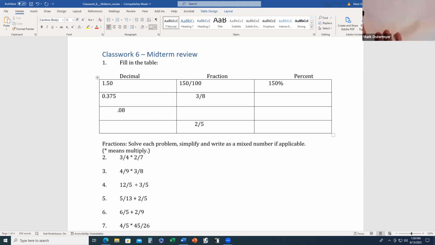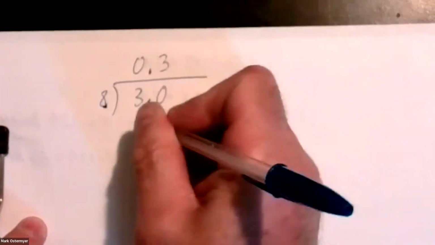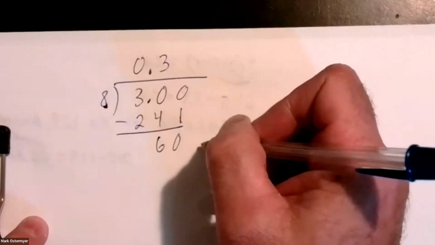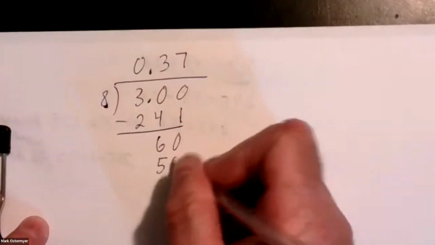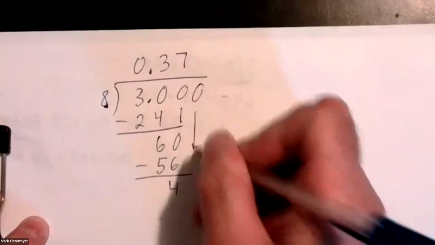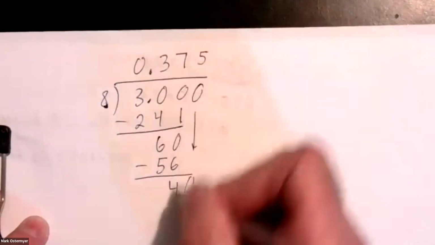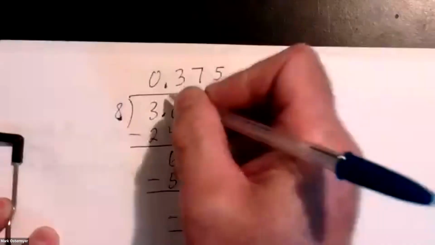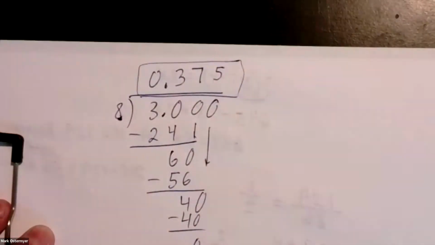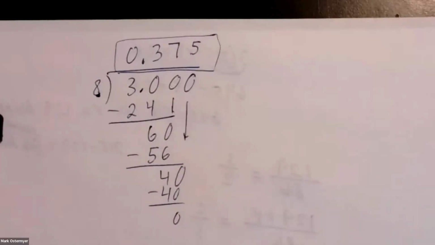Okay, well, 8 into 3. 8 goes into 30, 3 times, 24, subtract, you get 6, add a 0, bring the 0 down. 8 goes into 60 7 times, 7 times 8 is 56, subtract, you get 4, add a 0, bring the 0 down. 8 goes into 40 5 times. And there you go, 0.375. You see that? Oh, okay. That's 3/8.